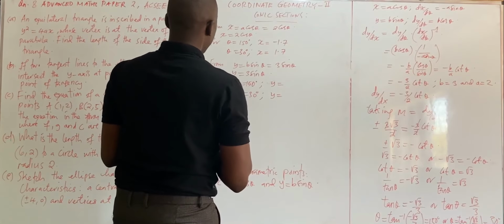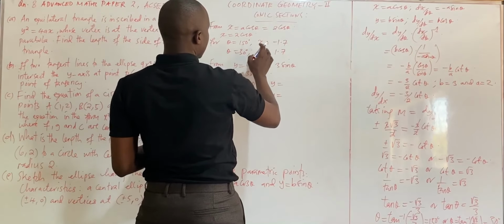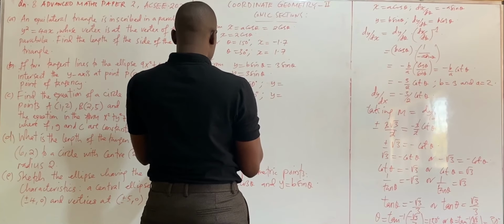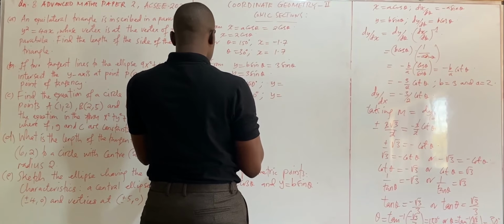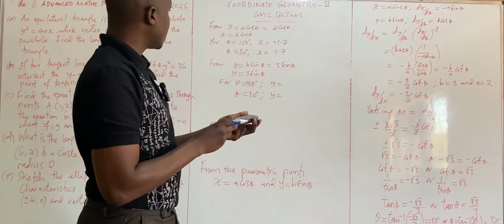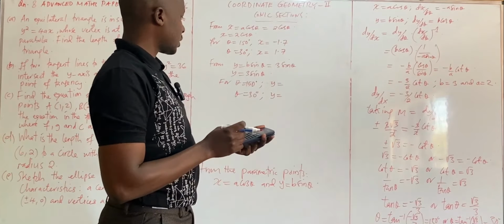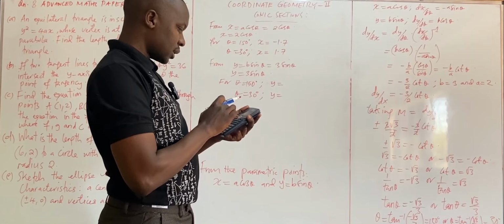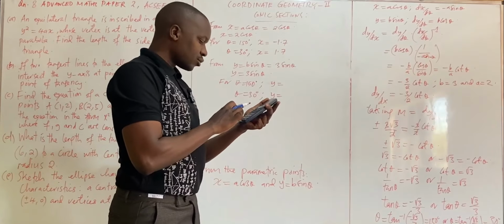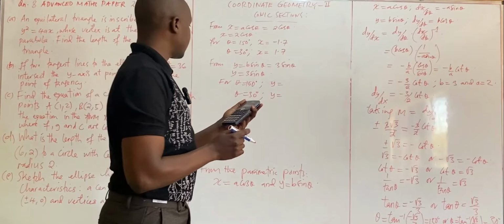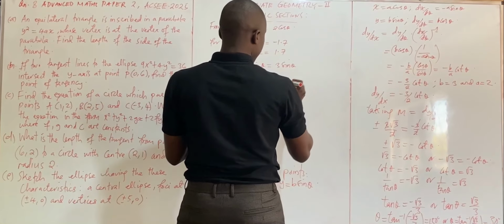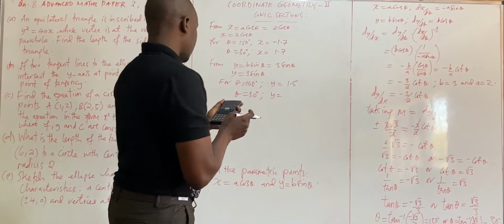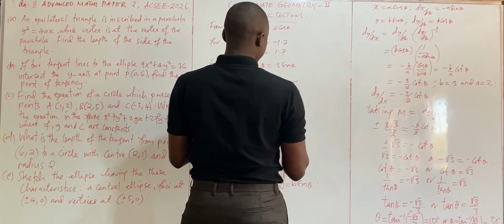So that gives the x coordinates. Now we insert y equals 3 sine of theta and calculate. When theta is 150, what will be the result? Here it will be 1.5 units. And when it is 30 degrees, we get the same 1.5.